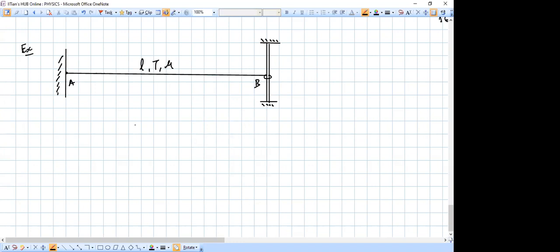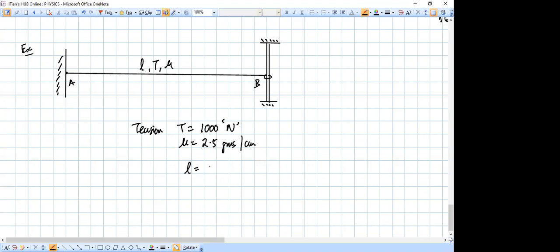So the tension in the string T is, let us say, 1000 newtons, and the linear mass density is, let us say, 2.5 grams per centimeter.